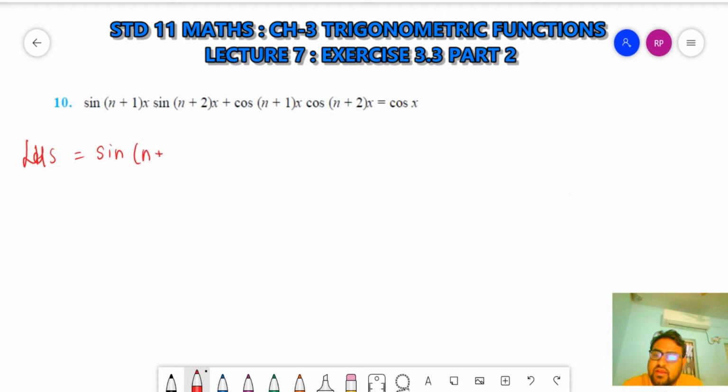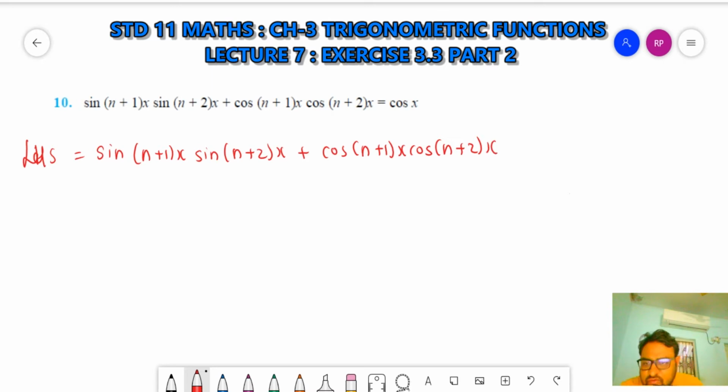sin (n+1)x sin (n+2)x + cos (n+1)x cos (n+2)x. Now if you see here, both angles are the same. I can take this as alpha, and this one as beta.